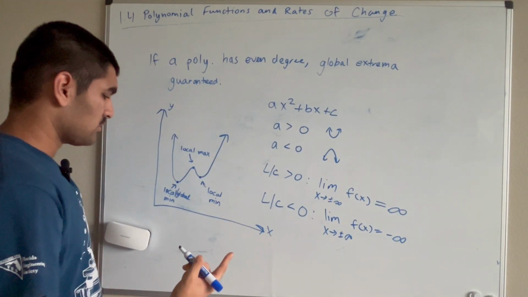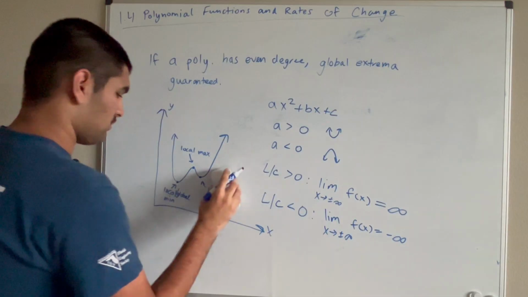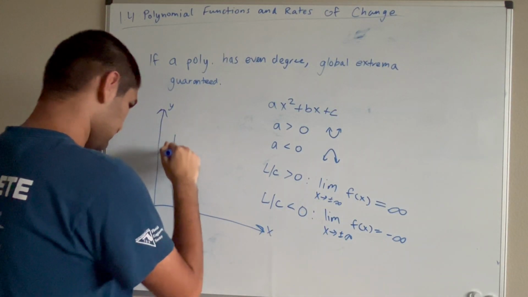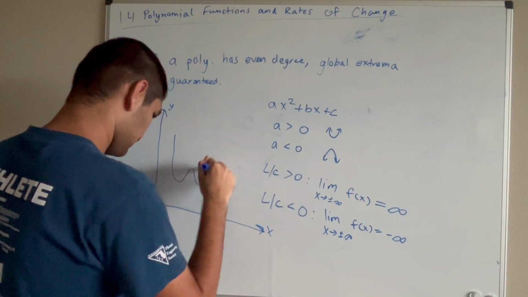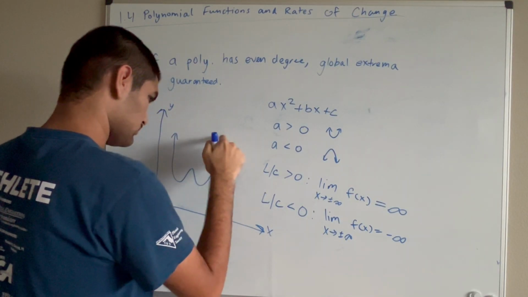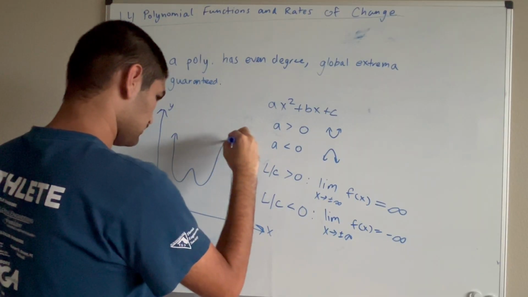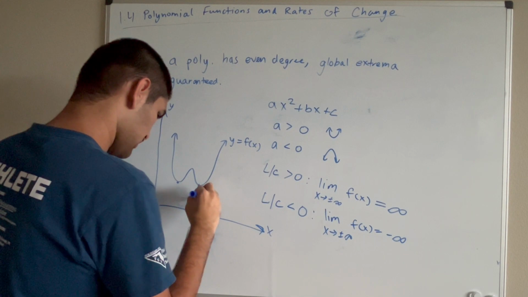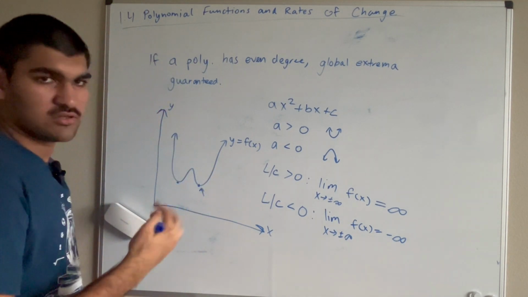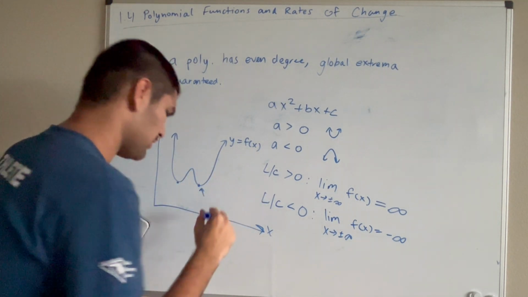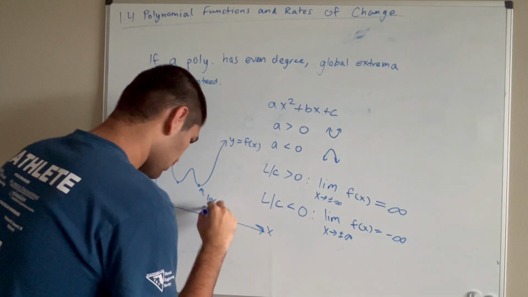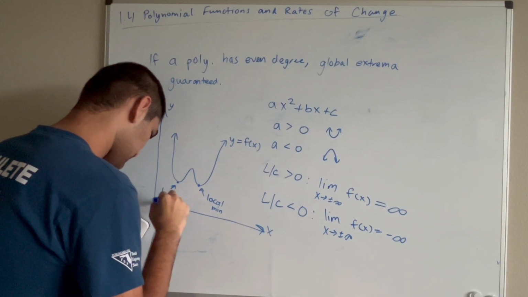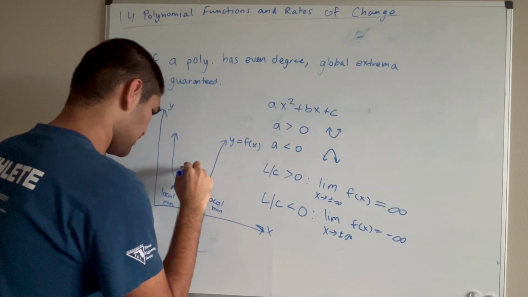Now you might be wondering, what if the graph looks something like this? What if you have two local minima, or if it was flipped, then two local maxima, but same thing really. So let's say you have two local mins, but they have the same value. And then you have a local max right here too.